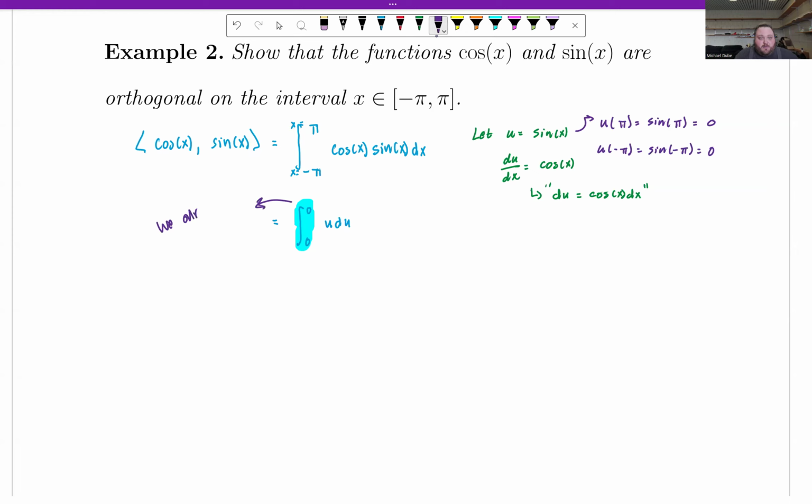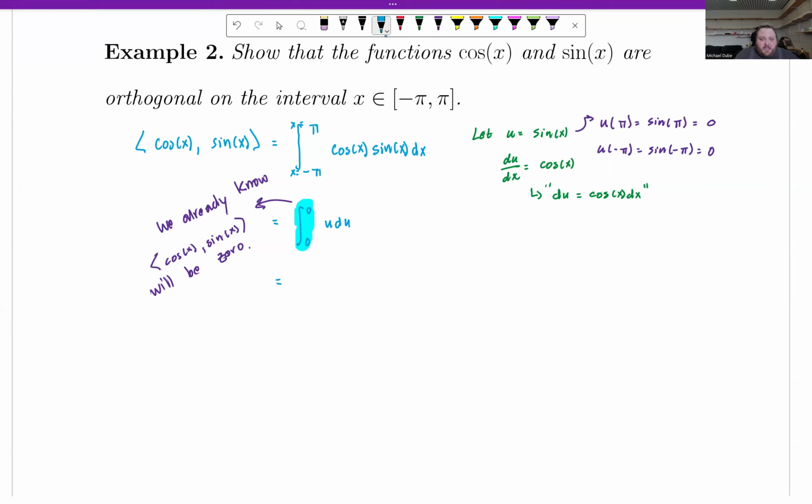We already know that the inner product of cos x and sine x will be 0, because of what I just said. So this already tells us that this will be 0, but let's just move forward with it anyway.